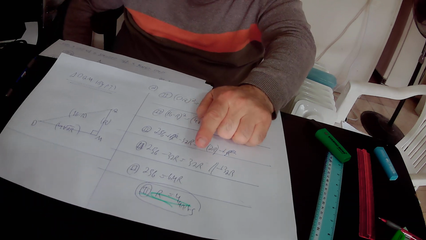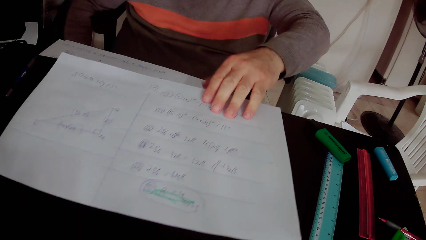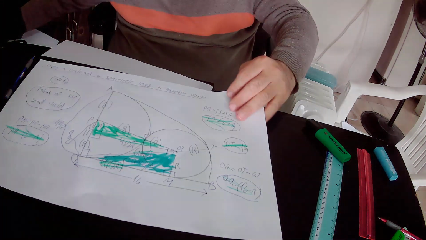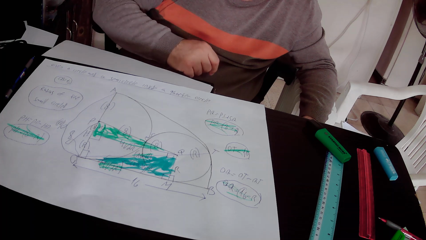So 256 equals 64R. Here we divided the equation by 64, and finally found that R equals 256 over 64, that is 4. So the radius of this small circle, R, equals 4 units in length.